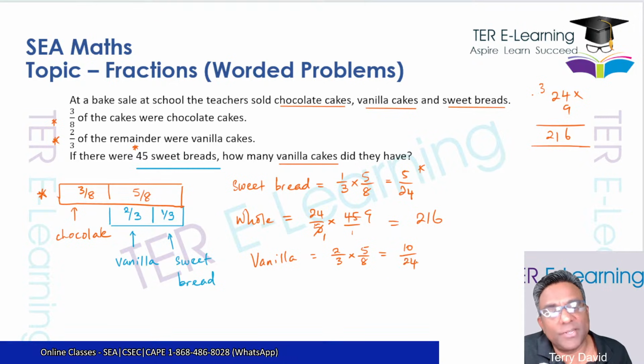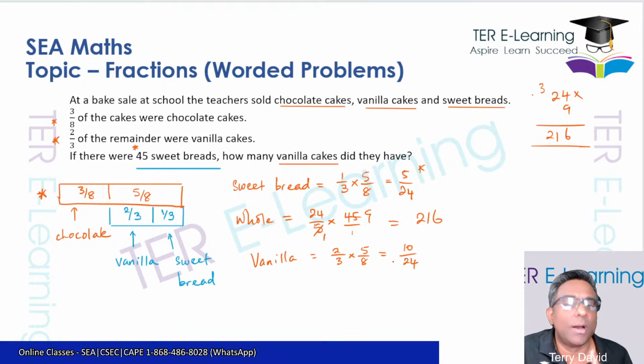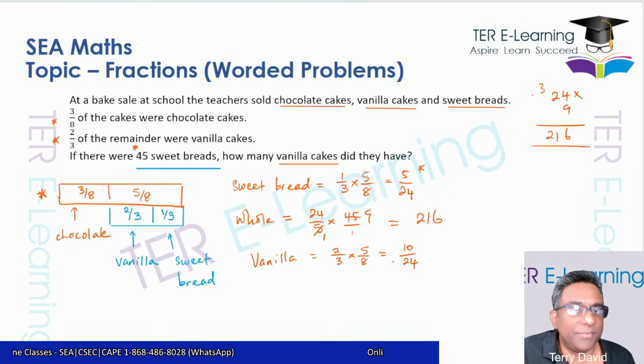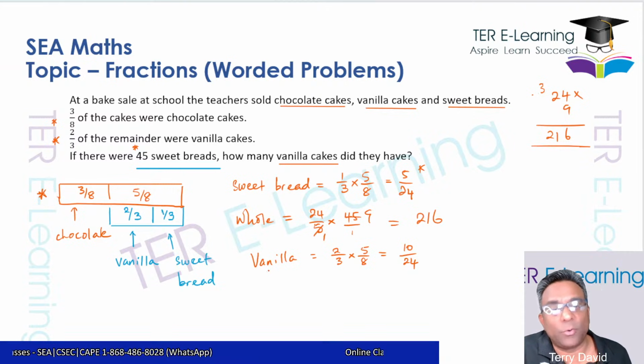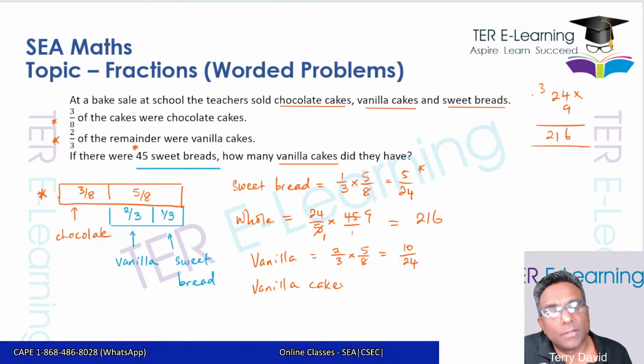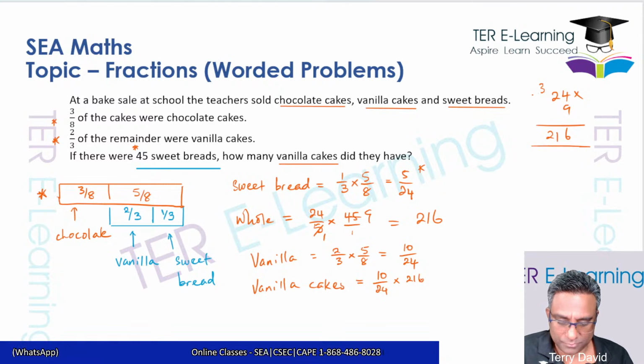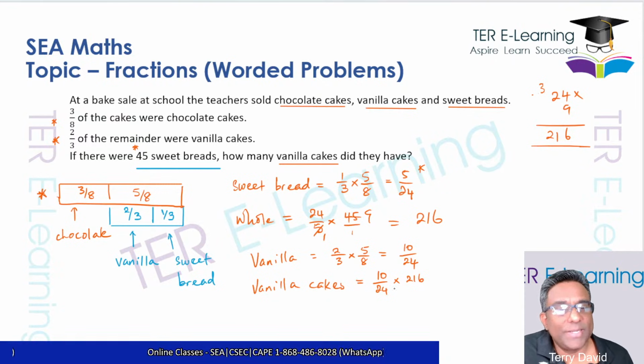So the fraction of the whole that corresponds to vanilla cakes is 10/24. So the number of vanilla cakes is 10/24 multiplied by 216. We need to work this out here.